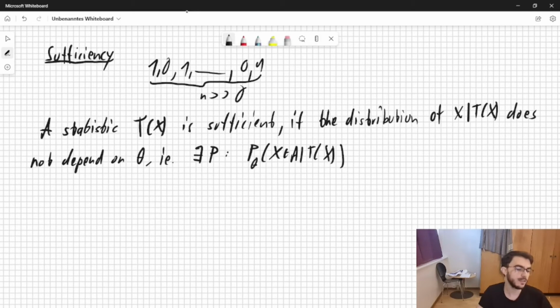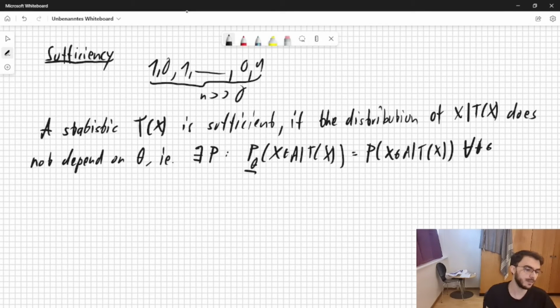So this probability of X being in A given T of X and theta is equal to this probability measure of X being in A given T of X, and theta has disappeared. So no matter what value theta takes, for all values of theta, the probability distribution of X given T of X is the same.